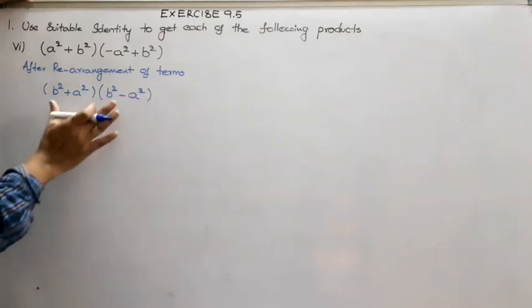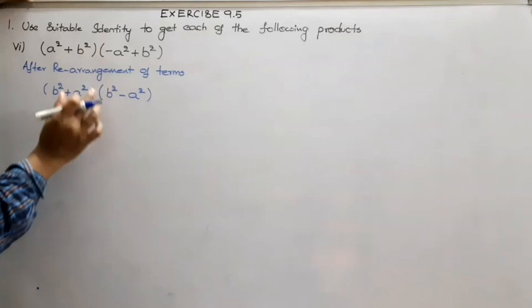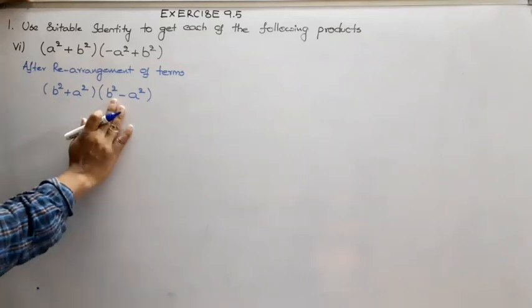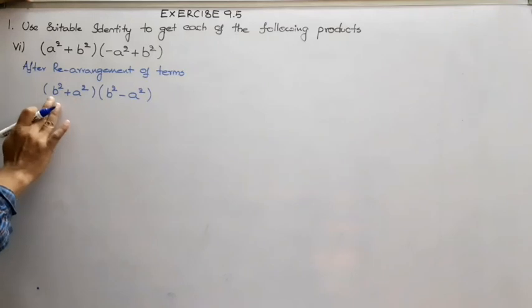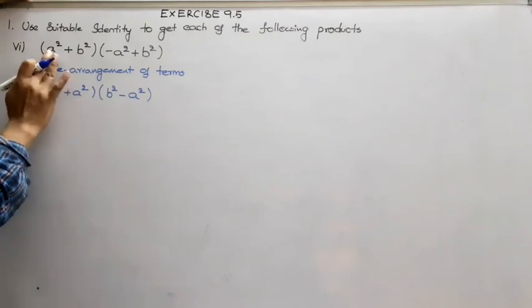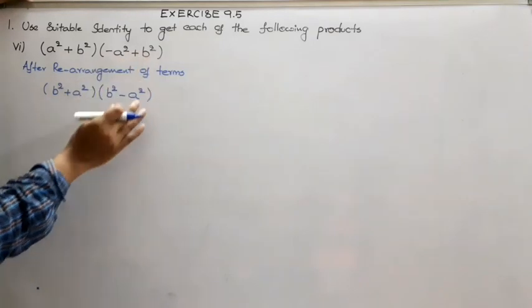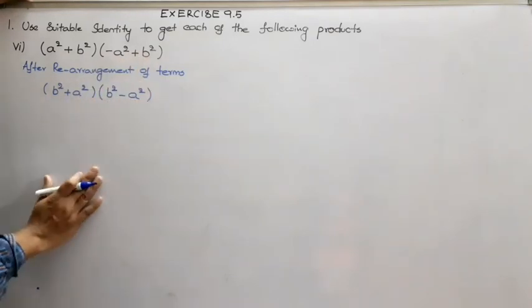If we have a chance to interchange the terms so that we can fix the appropriate identity, you can go ahead with it. Look, b square plus a square, both are same. Minus a square plus b square we can write as b square minus a square.